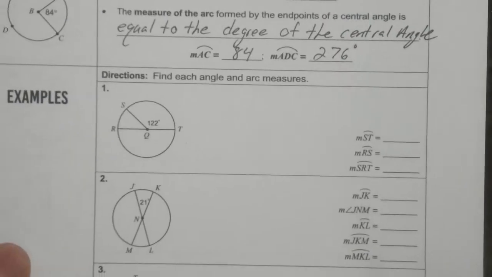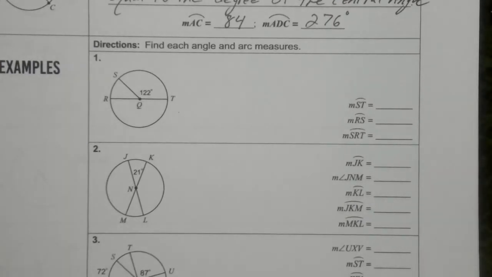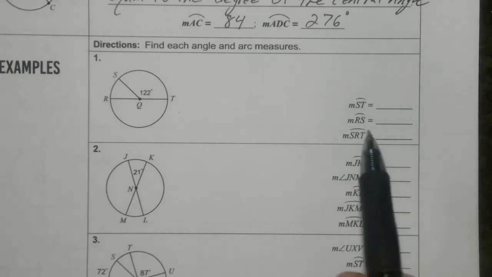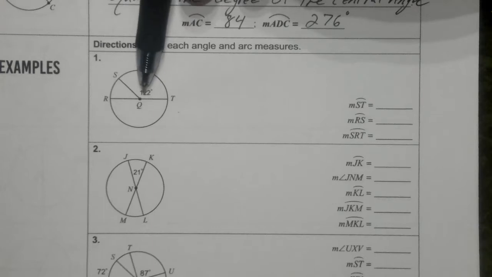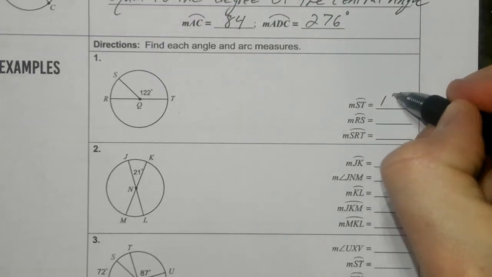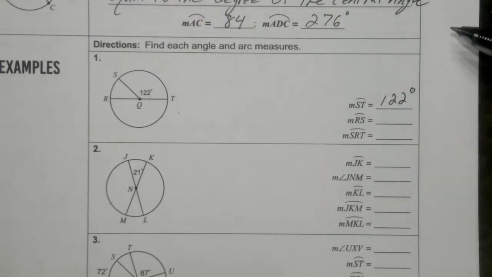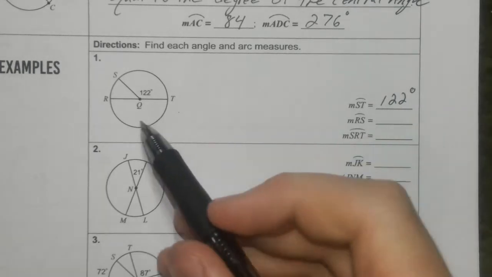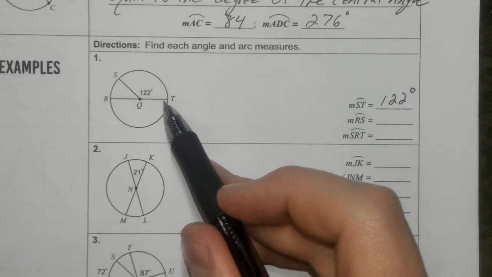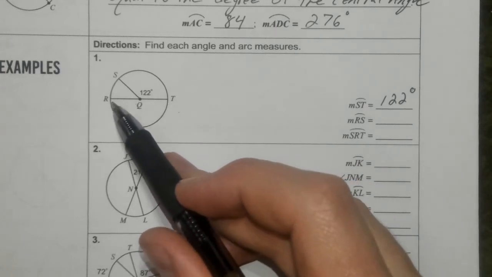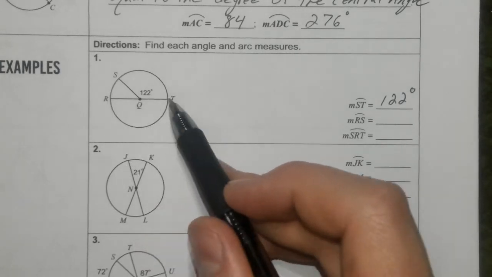All right, so let's go through a few of these together. Number one, we're looking for arc ST, and we said it's the same as that angle measure, so it's just going to be 122 degrees. Now, RT is a diameter. It goes through the center and has endpoints on the circle.